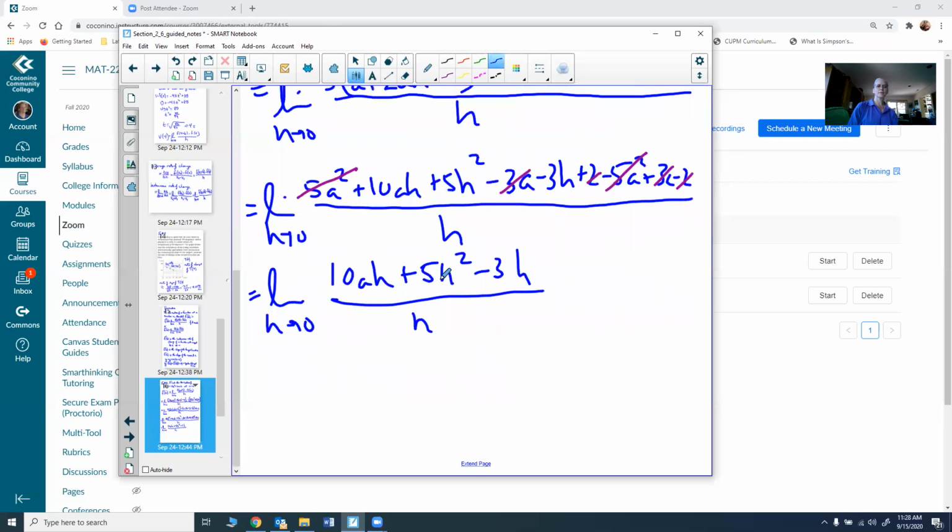And then you notice every single term in the numerator has an h. Again, if that doesn't happen, you did something wrong. Mostly, if you can't cancel the h in the bottom, you did something wrong. I can cancel that h in the bottom. I will cancel it out of each term, so it's going to be 10a plus 5h minus 3.